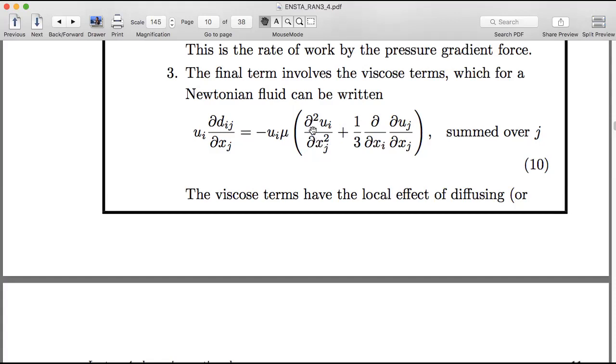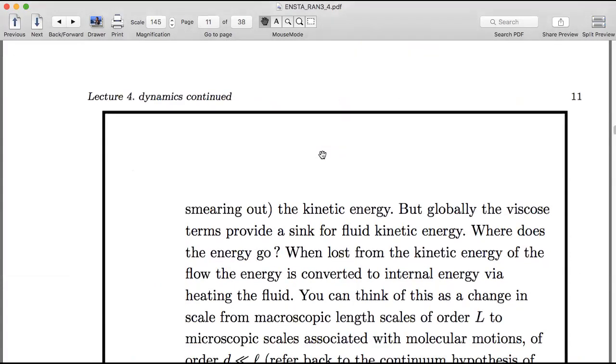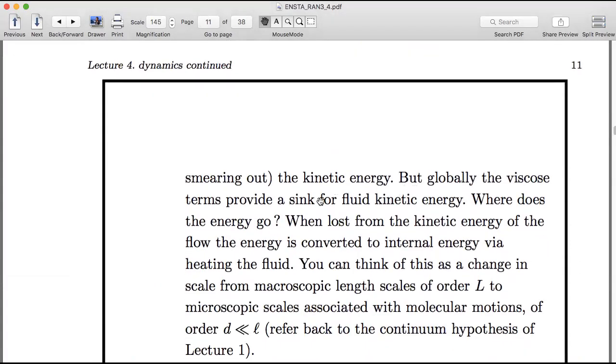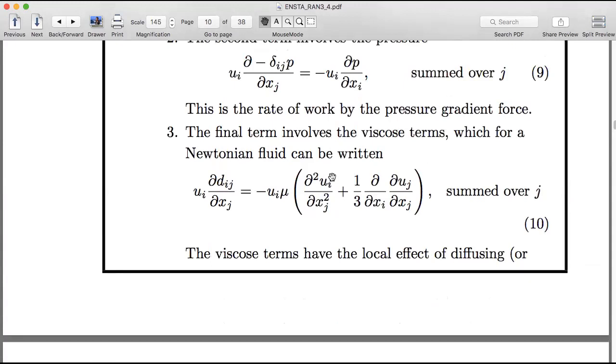You would have a term like this, which makes the heat diffuse. But here we're diffusing not heat, but momentum. And when you multiply by the velocity, it gives you a diffusion of kinetic energy.